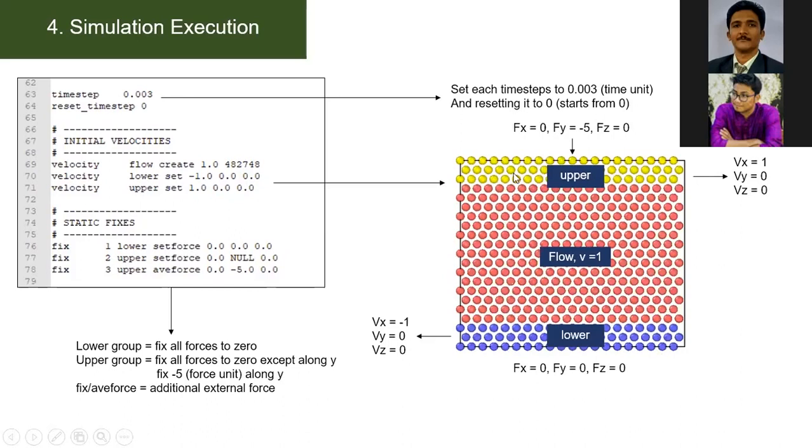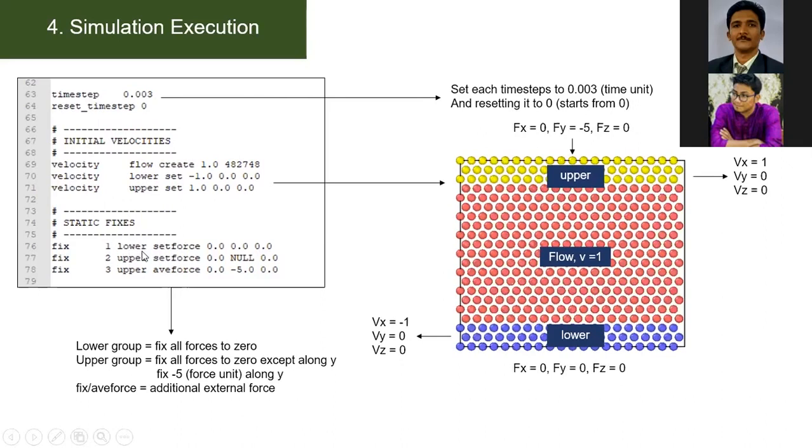But again, the upper layer can move with the pressure. Mainly there is a pressure on the upper layer, though it's rigid. So the first thing is we will set all the forces of the lower region to 0. That is what we did here, fix 1 lower setforce 0 0 0. 1 is again the name of the fix, and lower is the group of the fix.